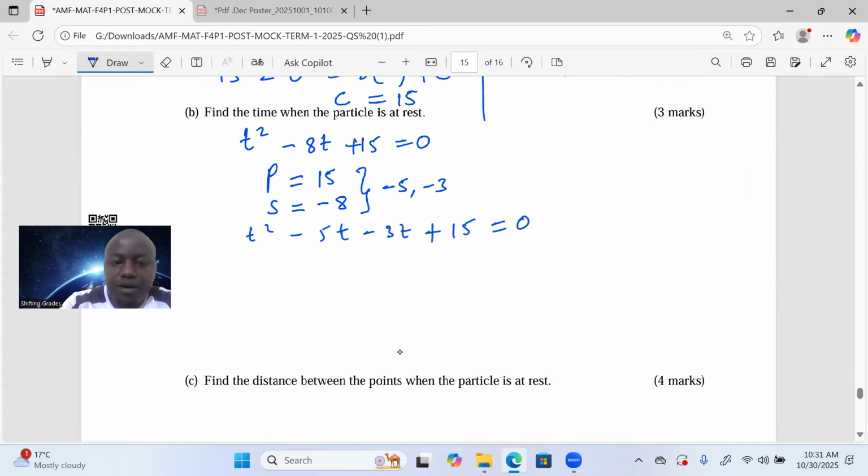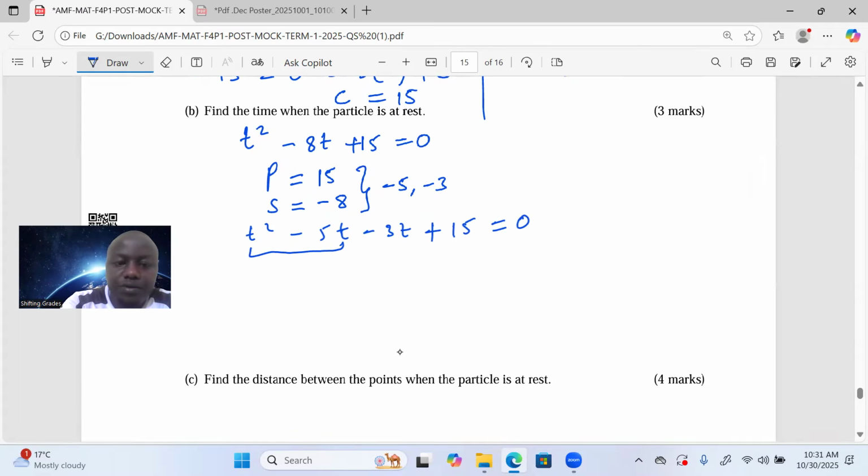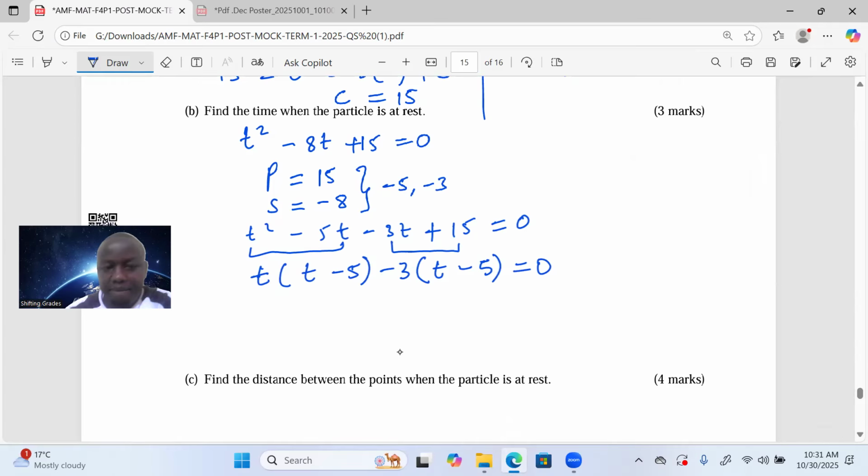After every 2, we factorize. When we factorize there, it is only t that is common, so we remain with t minus 5. Then in the other 2, we factor out negative 3 and remain with t minus 5. This is equal to 0.